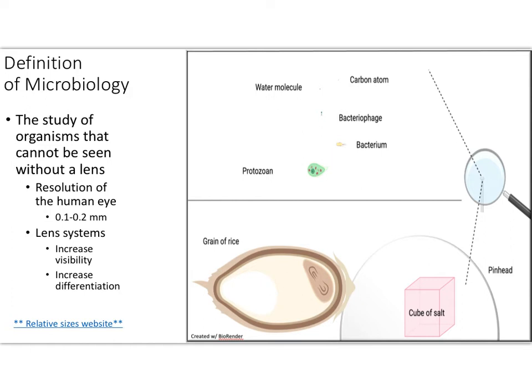The human eye is capable of seeing and resolving objects that are about as small as 0.1 to 0.2 millimeters. So you all know what magnification, or the ability to see something, is, but resolution might be kind of a new term. And resolution essentially means not only being able to see something, but being able to distinguish one item from another.